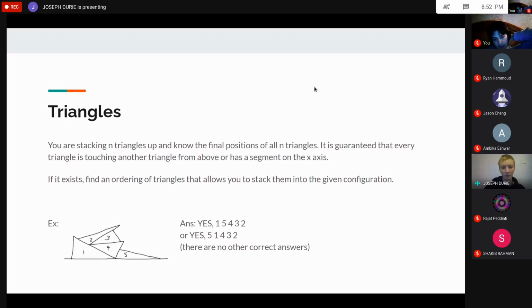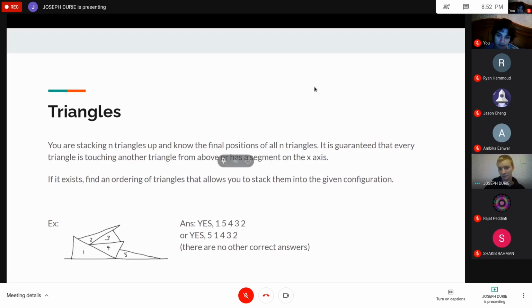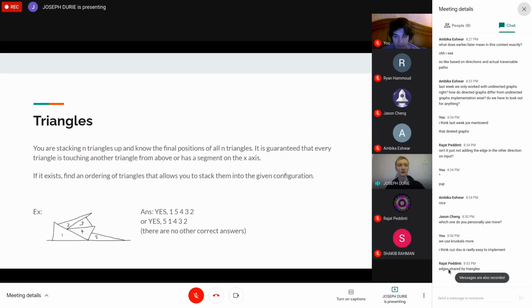So what would be one way you could represent this as a graph? Yeah, exactly. If two triangles share an edge, we can add that into the graph somehow.